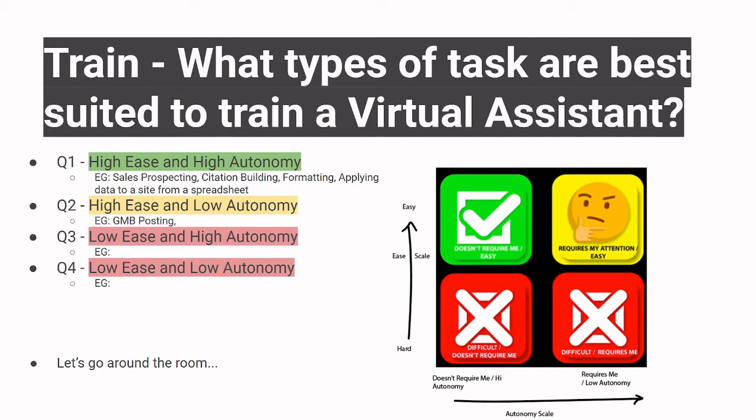So I put this up here so people can start thinking about their business tasks and where they fall. My advice for anybody watching is, if you think it requires your attention but it's also easy, maybe there's an opportunity for you to train somebody on it, right? That's basically the takeaway.